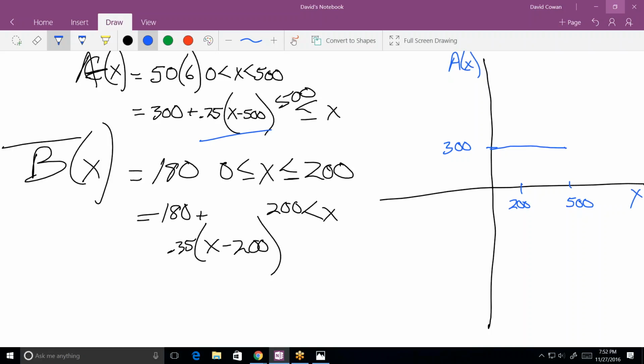I'm going to have a line that's got slope. What's the slope going to be greater than 500? 0.25. Yes, which means I go up 1 and over 4, so it's going to be relatively flat. We'll call that a slope of 0.25.